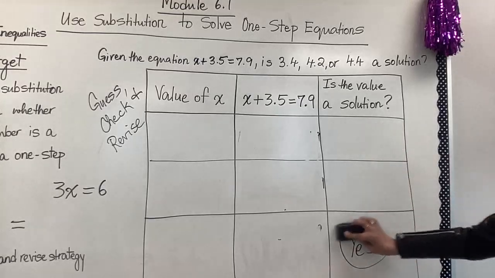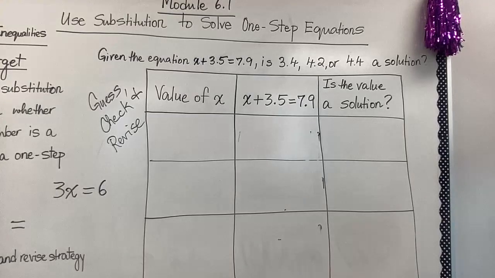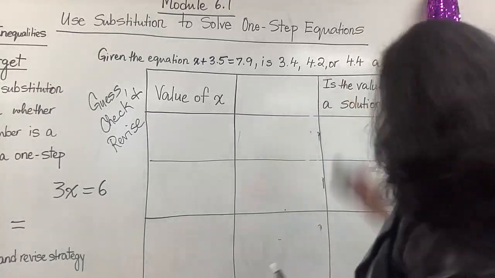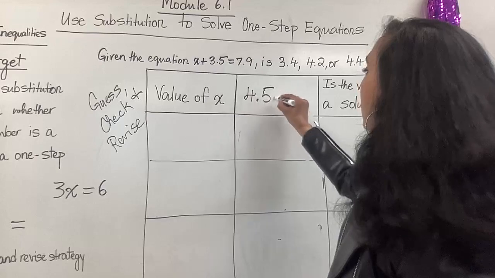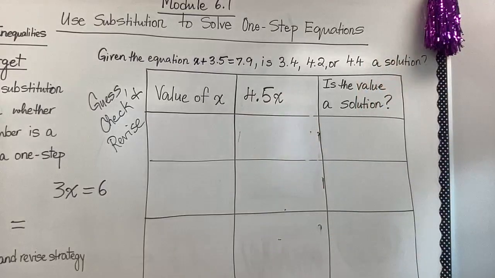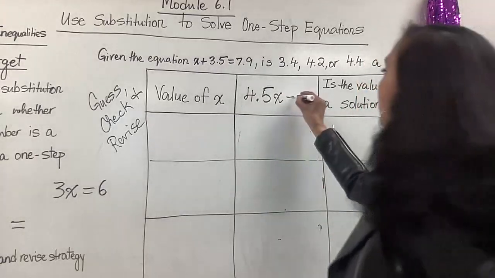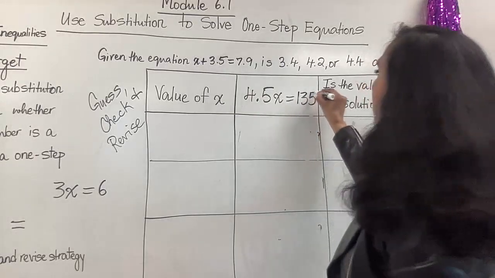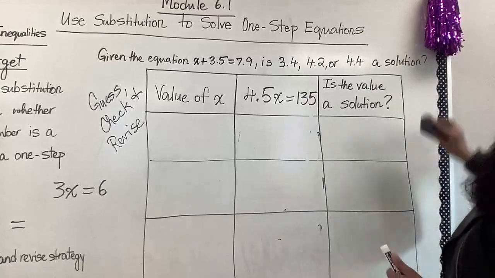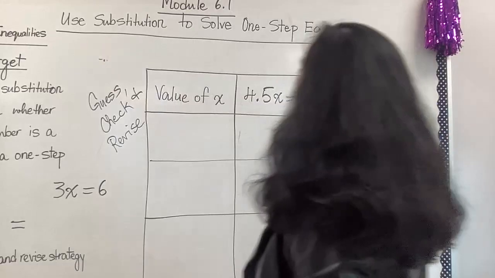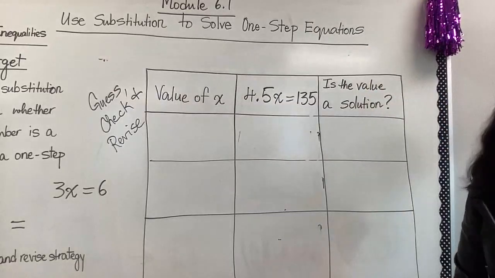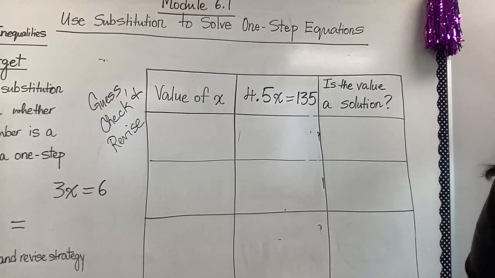If I take a value of x, let's say 4 and 5/10 x is equal to 135. So this is my new equation that I have put up over here. And we're going to try to use the guess, check, and revise strategy.